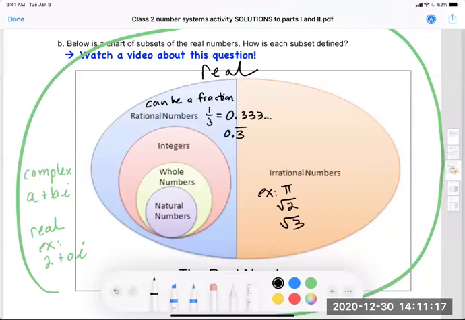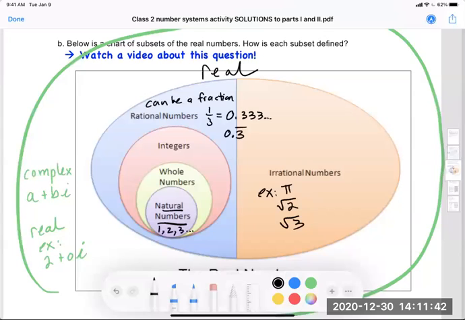And we're going to actually start from the natural numbers, which is this small purple zone here in this set. Natural numbers are the counting numbers, 1, 2, 3, etc. And you could think of this and think about children developmentally. Kids start learning about numbers when they learn to count objects.